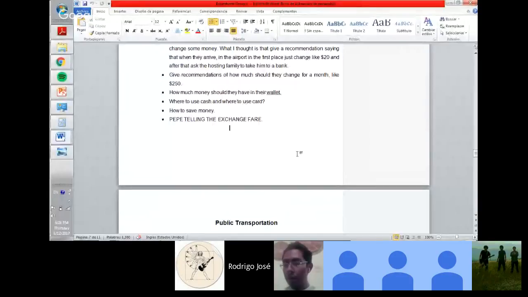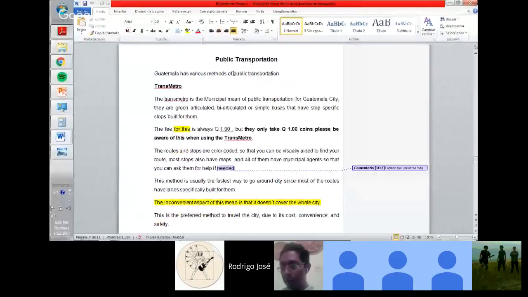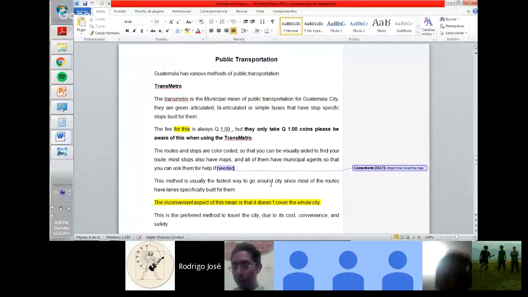Okay, then we have public transportation. What I thought about over here is we could put the maps, the links of the public transportation, like the Transmetro, and how to travel. If you are in Sonayes, how to travel to El Centro, or if you are in San Cristobal, how to go to Hospital Roosevelt, or something like that.